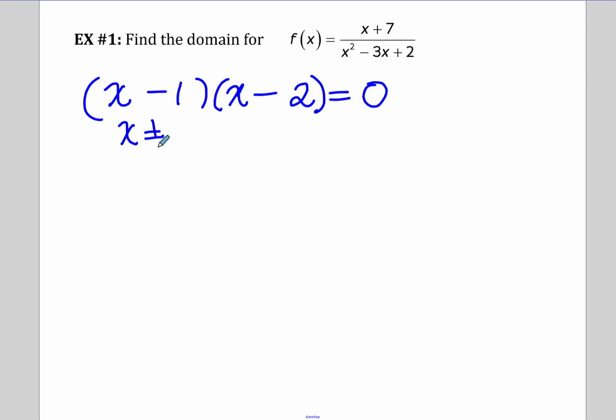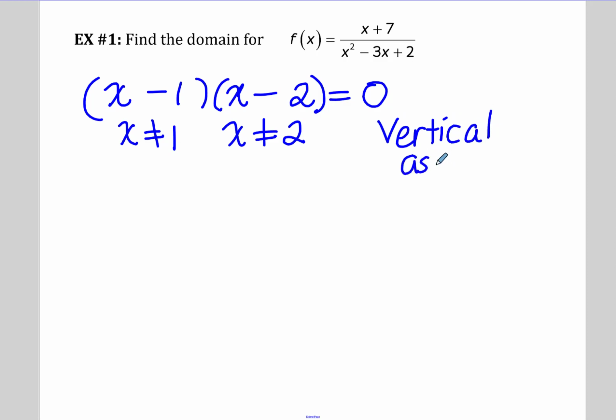So we would not have 1 in the domain, and we would not be allowed to have 2 in the domain. These would be vertical asymptotes in our graph. They would be infinite discontinuities, we call those. So division by 0 causes a vertical asymptote.